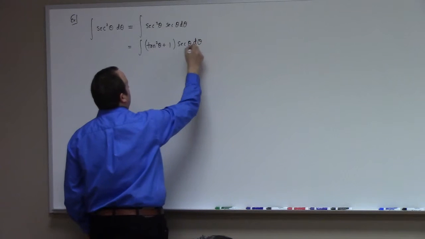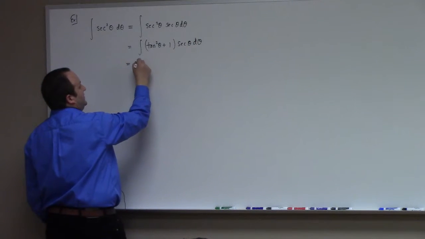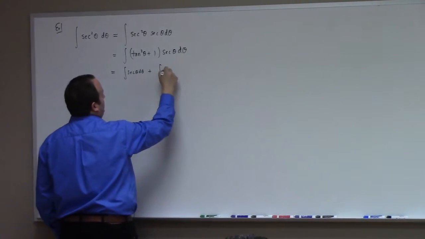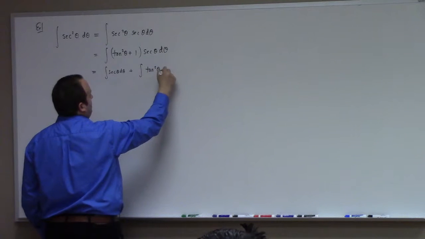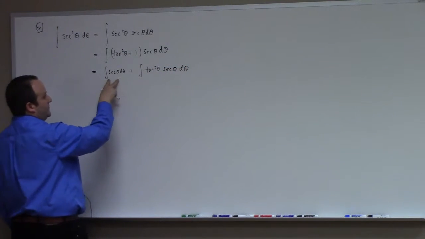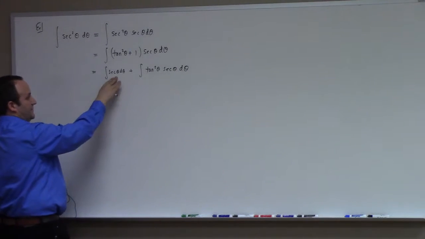All right. So what does that give me? That gives me the integral of secant theta d theta plus the integral of tangent squared theta times secant theta d theta. Now this we got that piece, right? That's good.